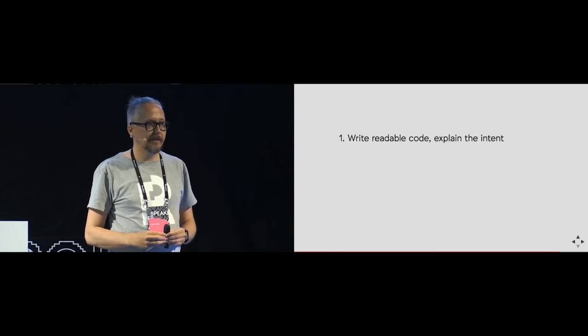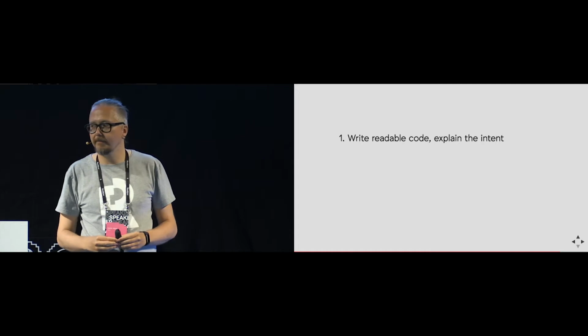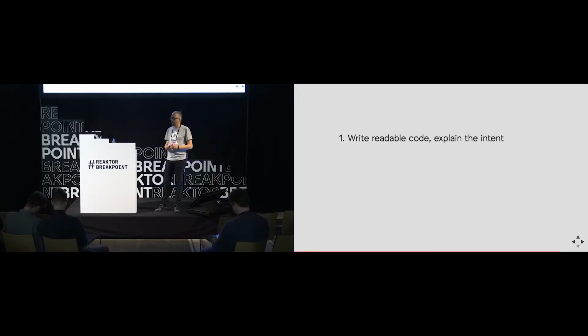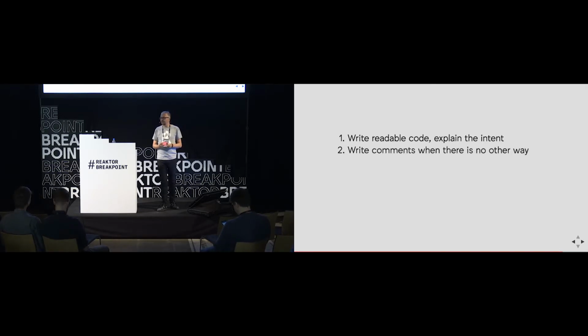So, as we fail or we compromise, first, if we fail to write readable code or explain the intent, the next thing is to write comments. Comments are, as I've read, always a failure to express the intent in the code, but they can lie. And of course, write tests.